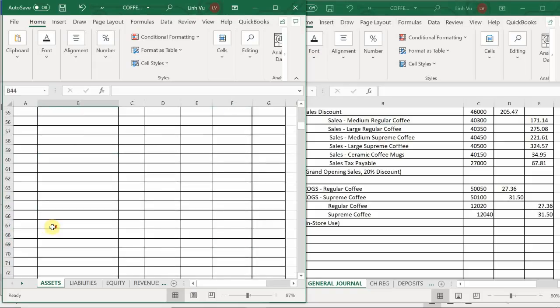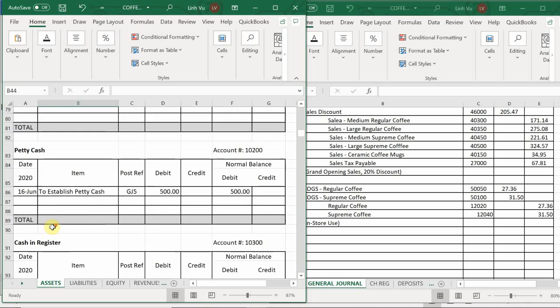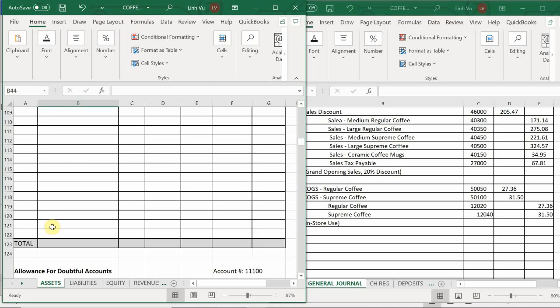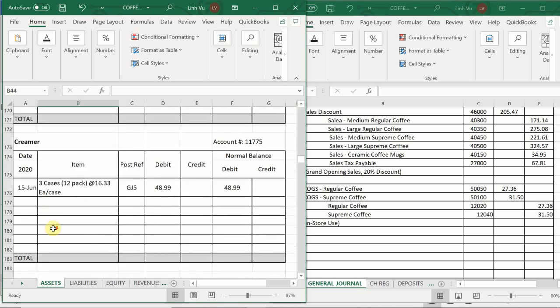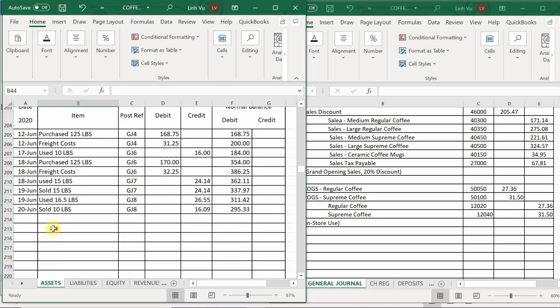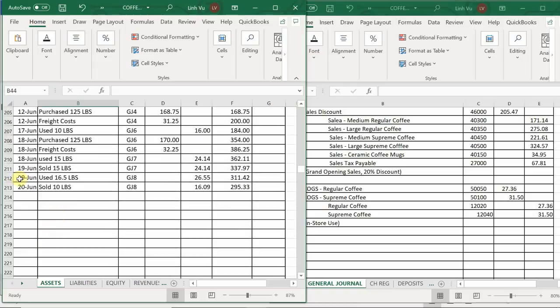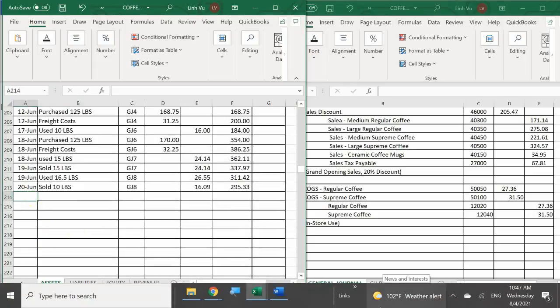Okay, we've got to go update our inventory accounts. For a total of $27.36.